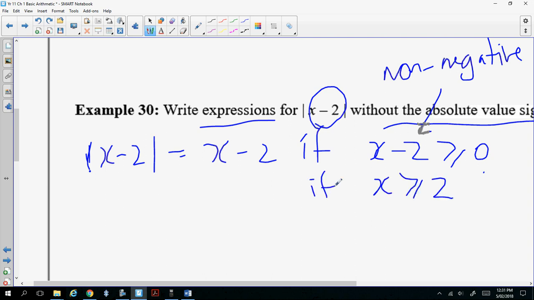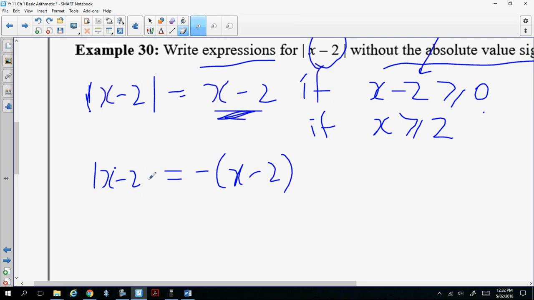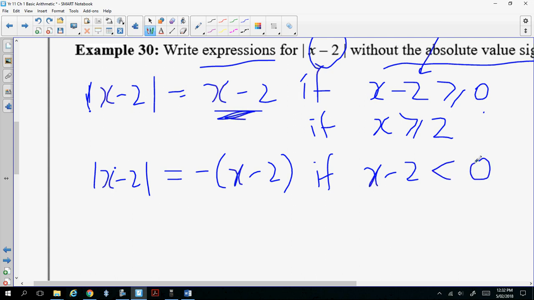On the other hand, this is going to be the negative of itself. Notice I use a bracket because there's more than one term. Negative of itself if whatever's inside is negative, which you have to solve. So when x is less than 2, we use the second option, right? Well, we can summarize it on the right.